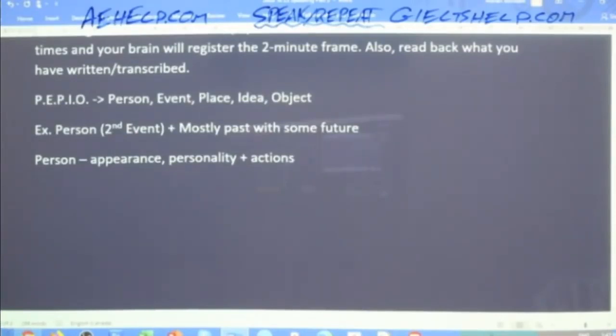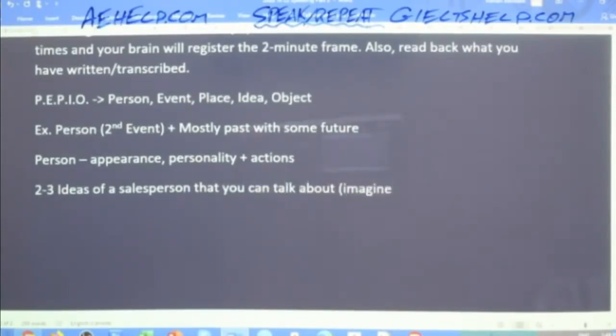Actions and activities are kind of synonymous, so I'm just going to leave that as actions. So think of 2 to 3 ideas of a salesperson that you can talk about, imagine, or make up. It should be, of course, easy and original.